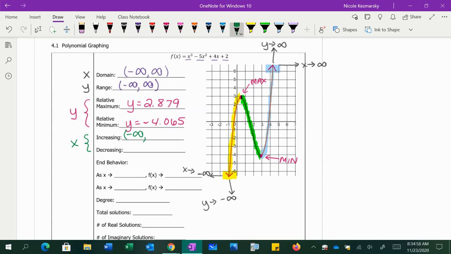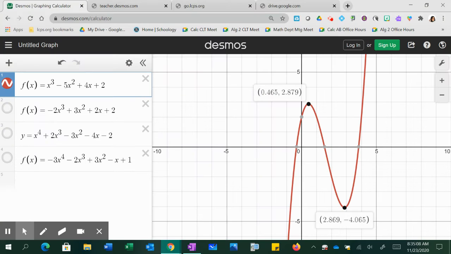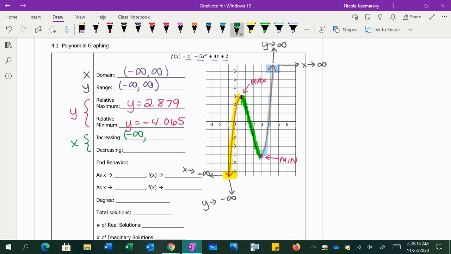And I'm going to increase until I hit that max. Because I need the x value, I can't use the y value that I already have for my relative maximum. So I'm going to go back to Desmos and find the x value of that same point. So 0.465. And so I'll put that right in there.